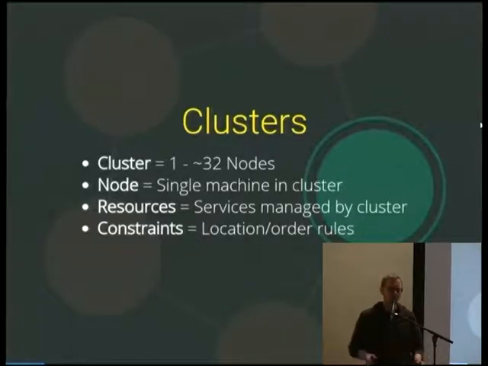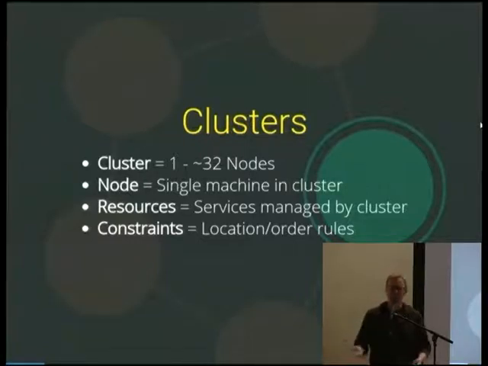And if you want redundancy over larger distances, there's something called geo-clustering that's kind of a layer on top that you can use, where you can have one cluster in one location and then another cluster in another location, and using the geo-clustering software you can fail between them.